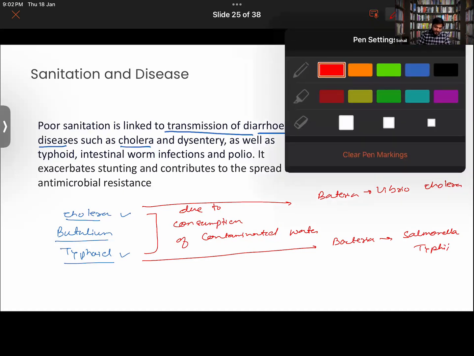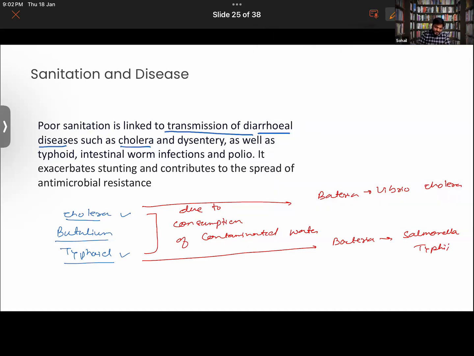Apart from that, there could be other problems like intestinal worm infections and polio. Malaria also, because on stagnant, clogged water mosquitoes will be breeding, so malaria will also spread.